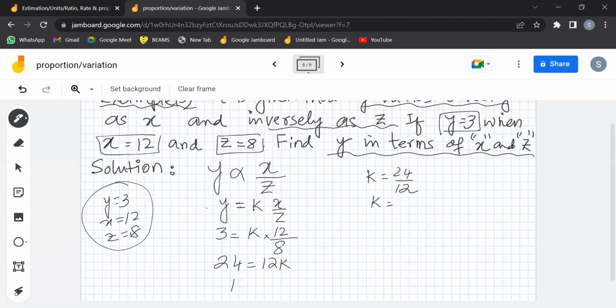So k is equal to 2. So y in terms of x and z, you can write y is equal to k into x over z. The value of k is 2, so y is equal to 2x over z. So we have expressed y in terms of x and z.